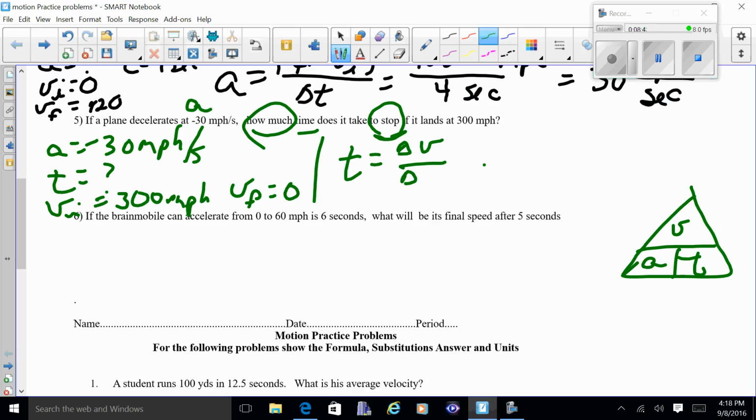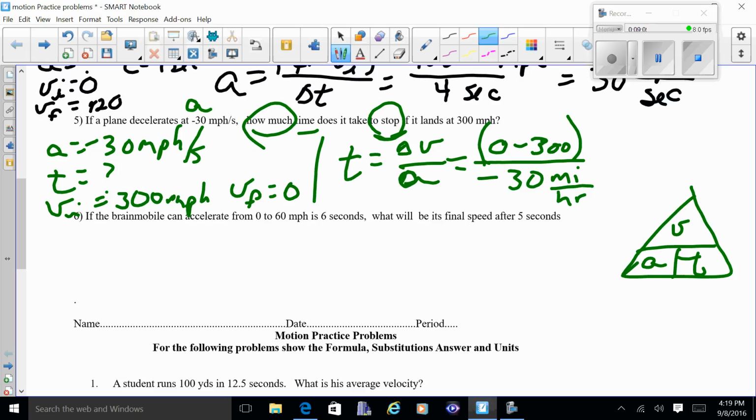So it gives me a negative 300 over an acceleration of negative 30. This is miles per hour per second. This is miles per hour. They cancel out, and you're left with 10 seconds.